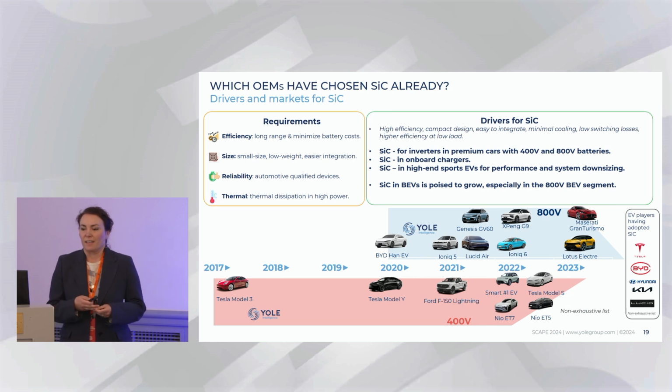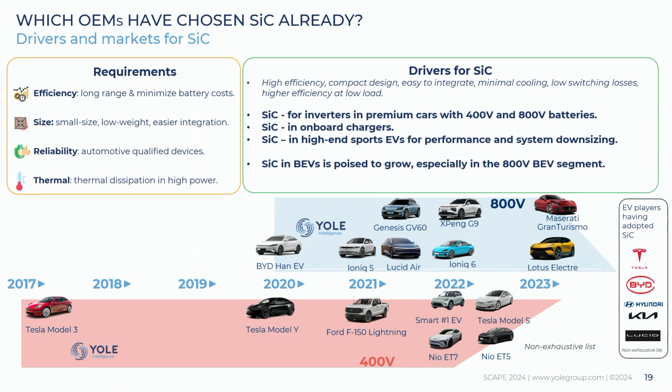The requirements are obviously long range and minimizing battery costs. If you are going to electric vehicles, you decrease the space of the inverter to increase the space of the battery. So smaller size of silicon carbide devices, reliability obviously, increasing the power, and also thermal dissipation. These are some of the drivers for silicon carbide.